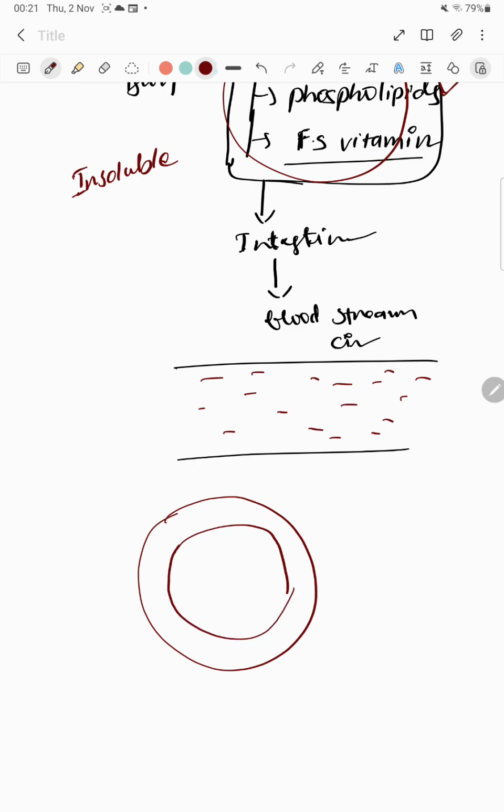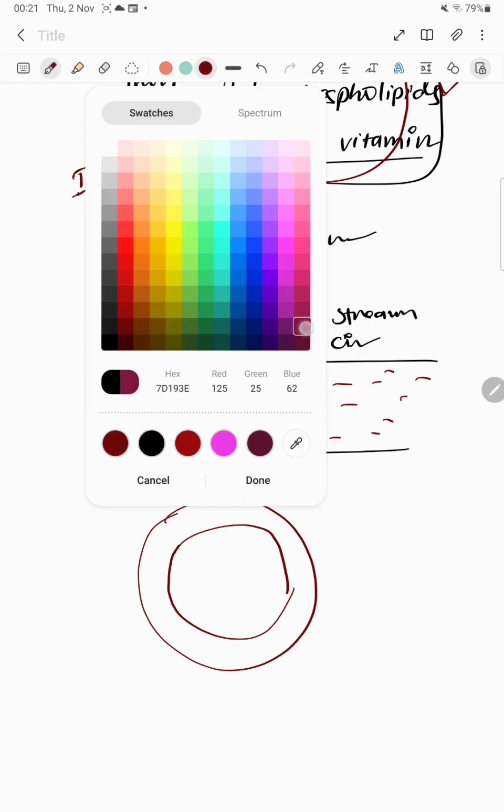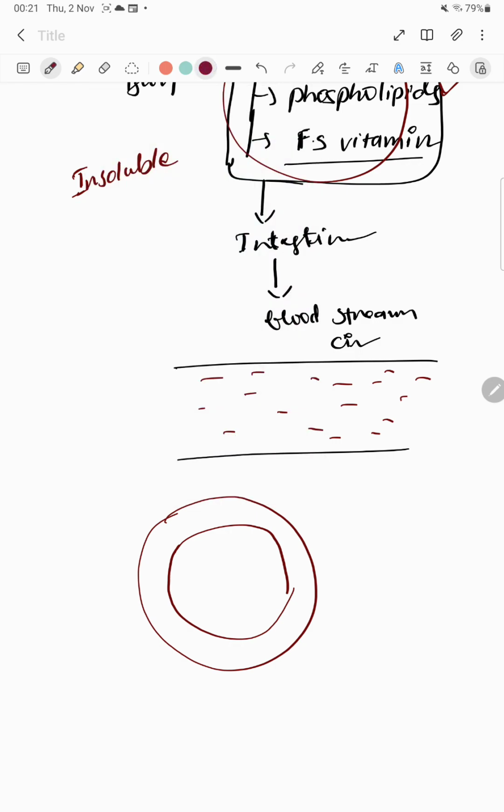We'll see how it is made. Now this is the outer shell of a typical lipoprotein, and inside this is the core part of the lipoprotein, LP, the short form I wrote here. Understand? So the outer shell, this space, is made up of what?